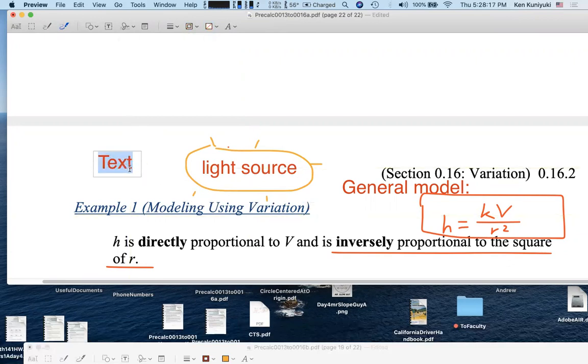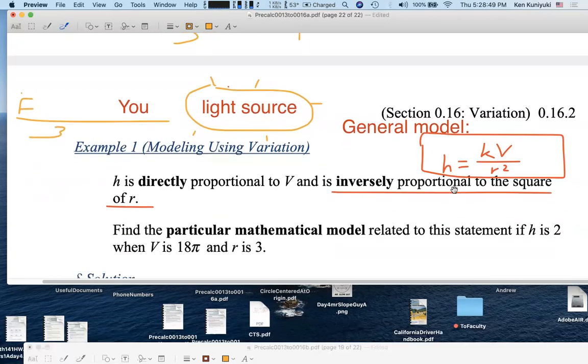You're standing pretty close to this light source, this lamp or whatever, right? And let's say that your friend over here is standing 3 times as far as you are from the light source. Now, is your friend getting 1/3 of the light intensity? No, it's an inverse square law. Your friend is getting 1/3 squared, or 1/9 of the light intensity. So inverse square laws are things that you see a lot of in physics.